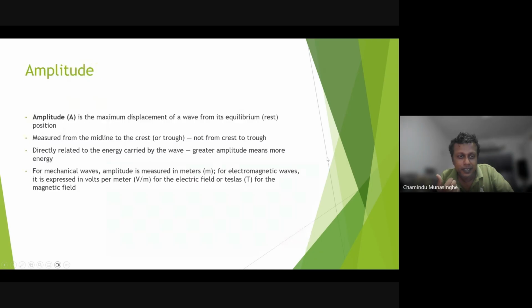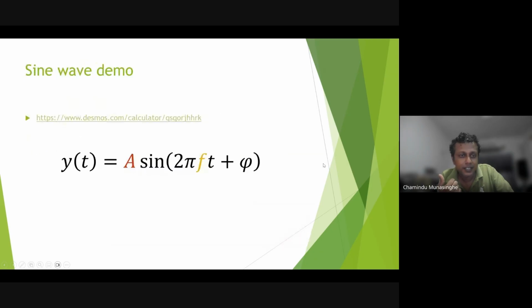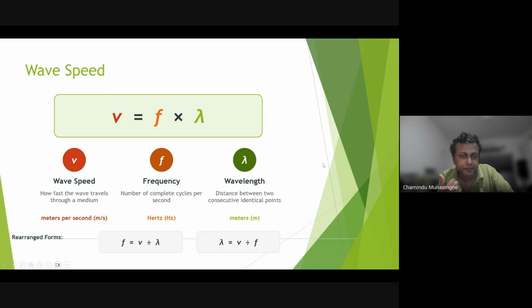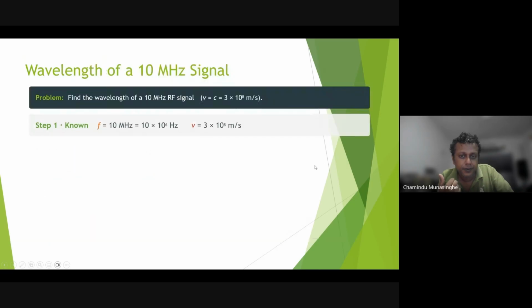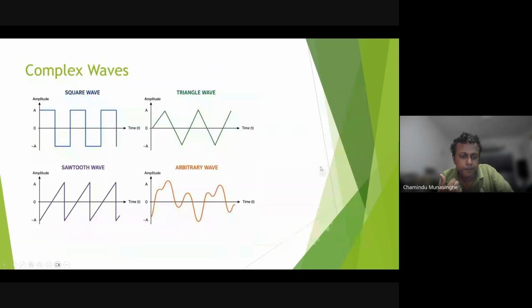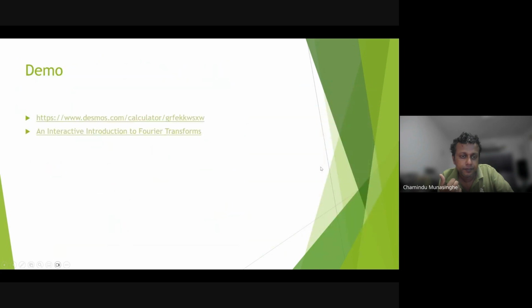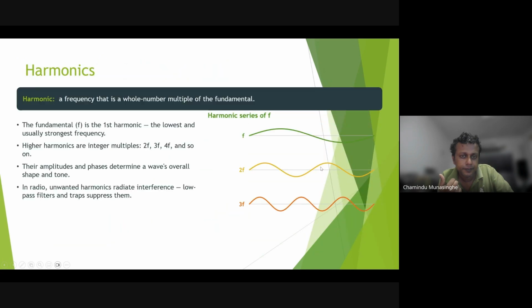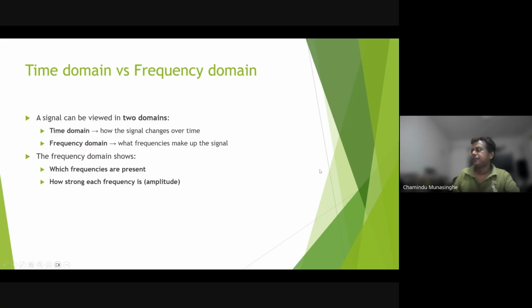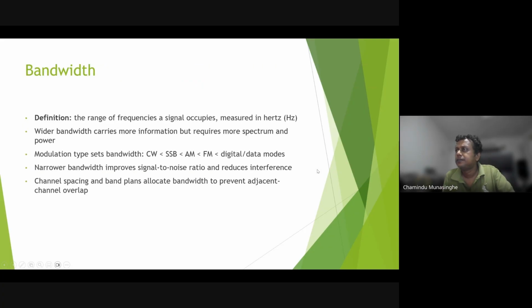Anyway, let me go back to where we stopped. I think this is where we stopped. Now there's this other concept, this concept of bandwidth.